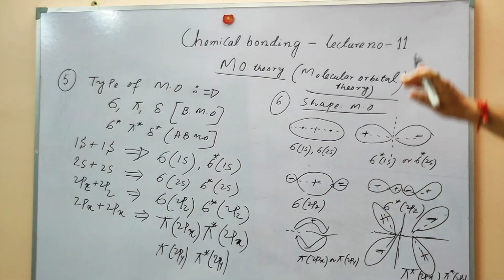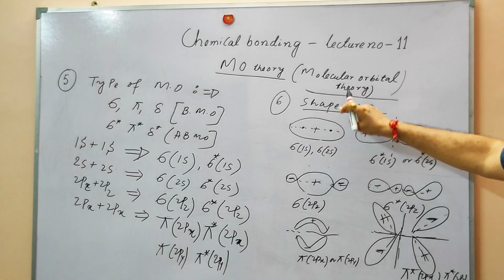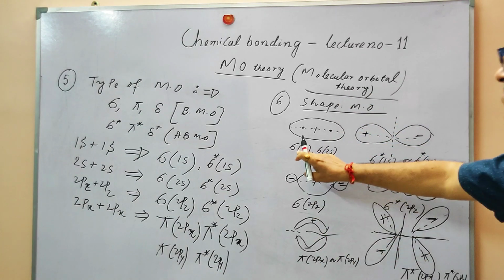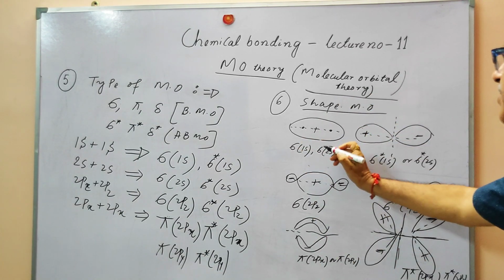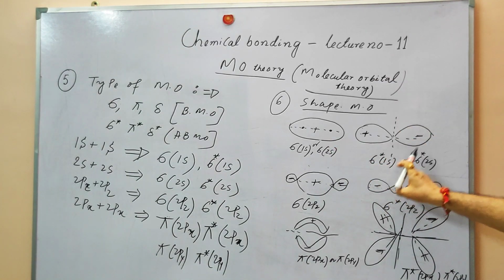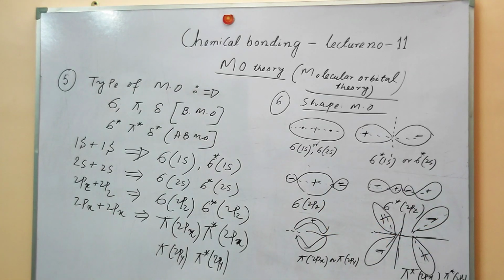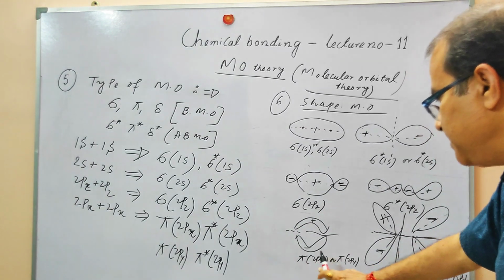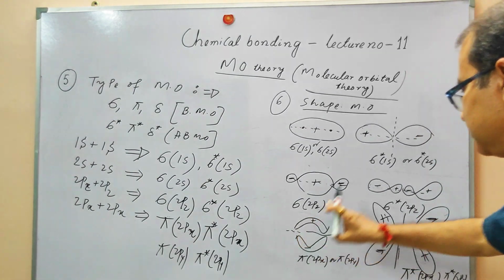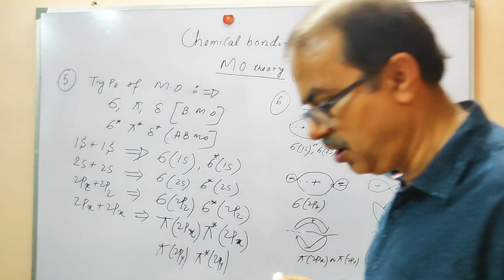You can see this is the shape of the molecular orbitals. This is for sigma 1s bonding, the bonding molecular orbital, sigma 1s, sigma 2s. This is antibonding sigma star 1s or sigma star 2s. This is sigma 2pz and antibonding 2pz orbitals, and these are the 2px and 2py bonding orbitals, and these are antibonding orbitals. So this is the shape of the orbitals.